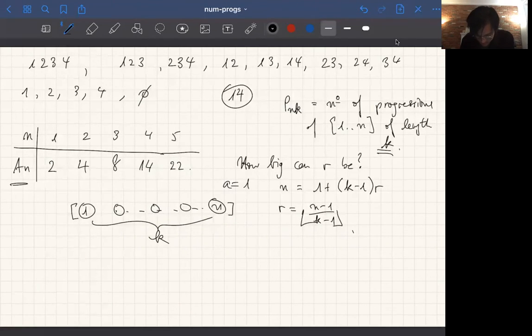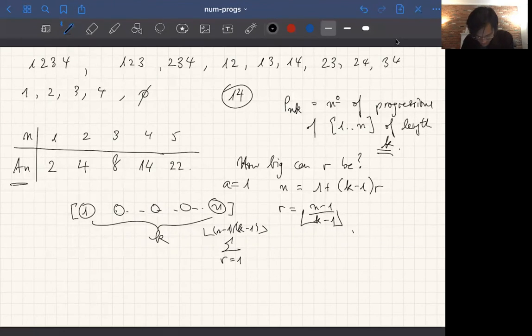So we sum over all R from 1 through the floor of n minus 1 over k minus 1. And now, once we've chosen an R, how many choices of A do we have? Once we've fixed an R value, we just need to make sure that A is between 1 and something that's not going to make the progression fall off the other edge.